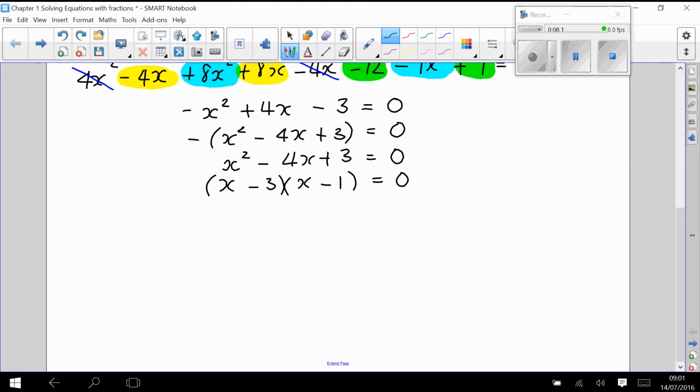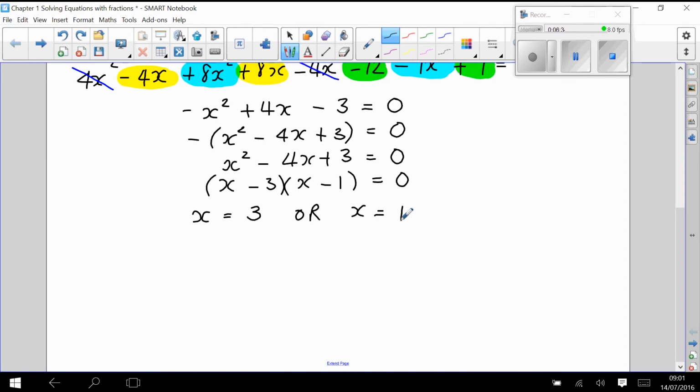The quadratic equation is going to give you two solutions, because if x minus 3 is equal to 0, then that means that your first solution could be when x is equal to 3. And if x minus 1 is equal to 0, your second solution could have been when x is equal to 1. But are both of these solutions going to be valid?